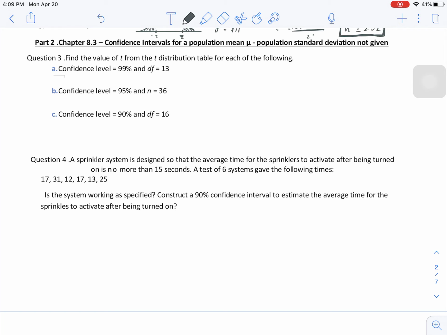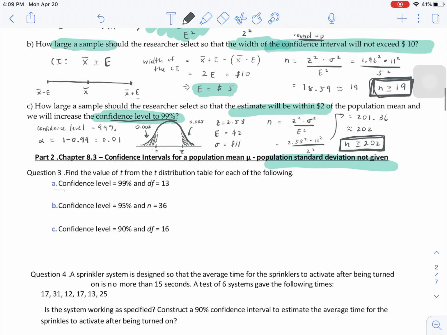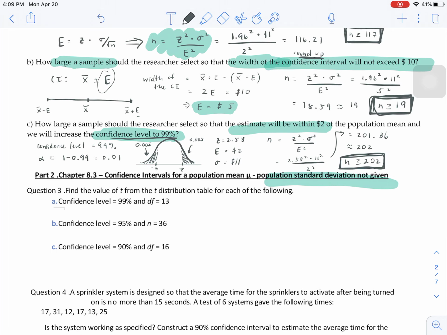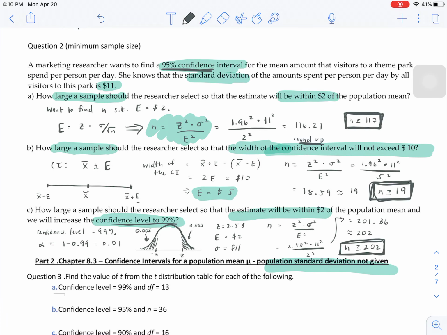So let's say we are trying to build a confidence interval for the population mean, and it's a case where we don't know the population standard deviation. To make a confidence interval, remember we always need to find the margin of error. In the margin of error, we take our z or our t statistic and we multiply it by the standard deviation.